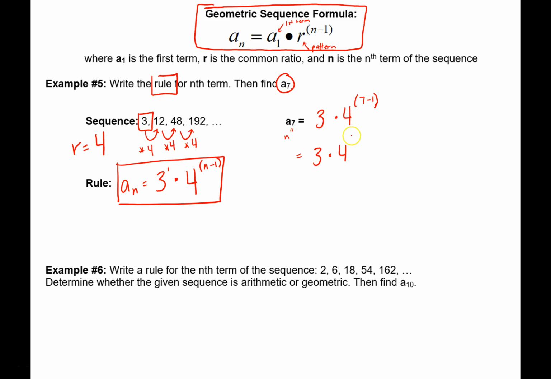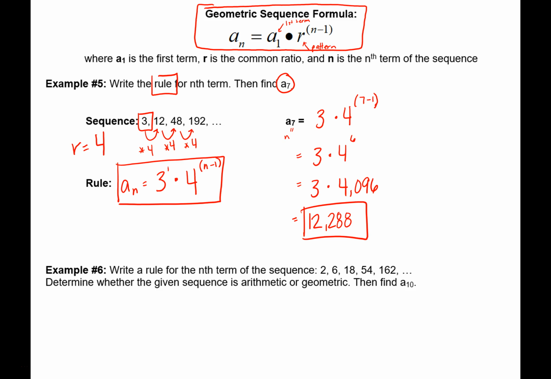So I'm going to do 7 minus 1 is 6, and then 4 to the 6th power is the next thing that I need to simplify. 4 to the 6th power is 4,096, and then I multiply that number by 3, so my final answer is 12,288. That's a really big number in that list, isn't it?